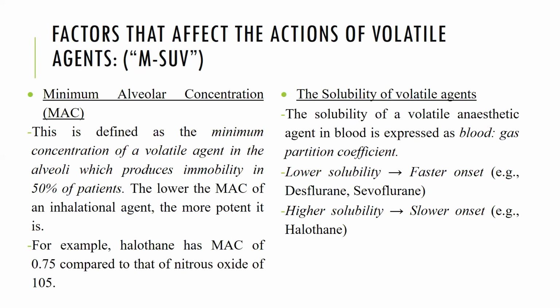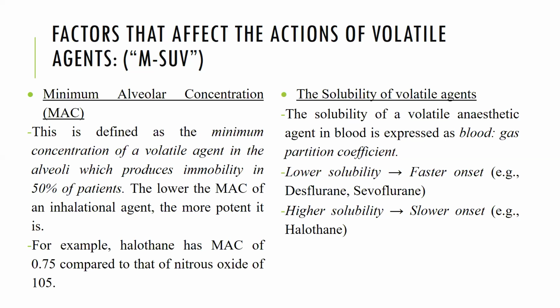The second factor that affects the action of volatile agents is the solubility of the agent, especially solubility in blood. We also have solubility in oil, or lipid solubility, but we're talking about solubility in blood, which is expressed as the blood gas partition coefficient.